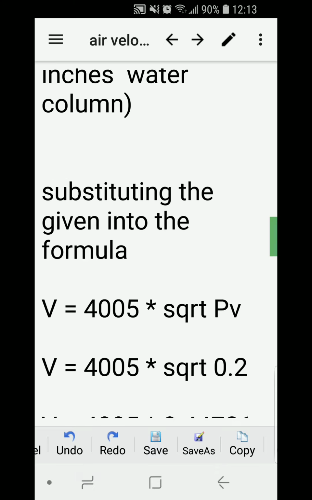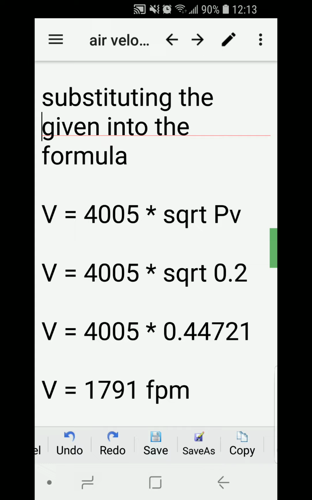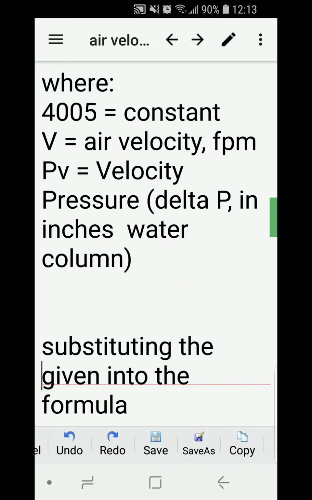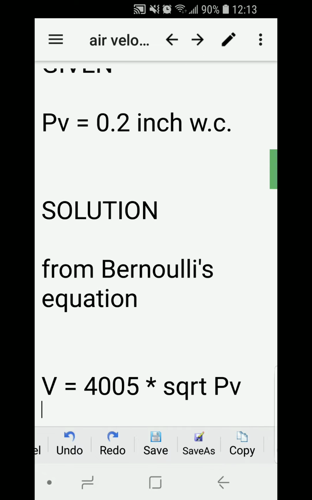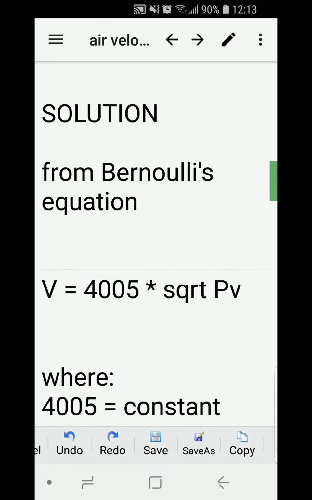Okay, so substituting the given into the formula, we only have one given, which is 0.2-inch water column velocity pressure.